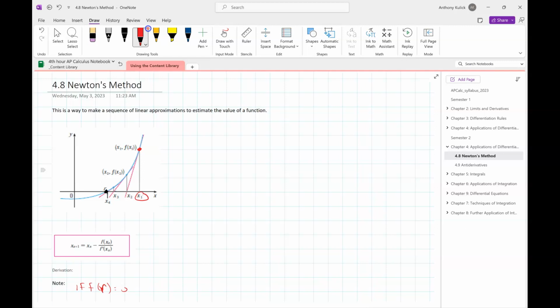And then we write the equation for the line tangent to the function at that point. And then you solve that tangent line equal to 0, to find the x-intercept for that tangent line. You take that value and plug it into the function to create a new point.